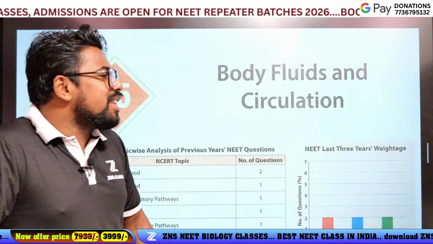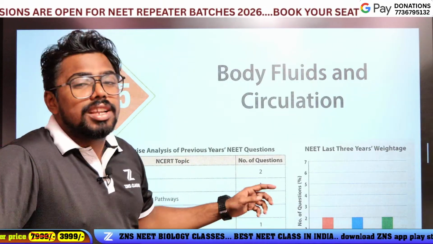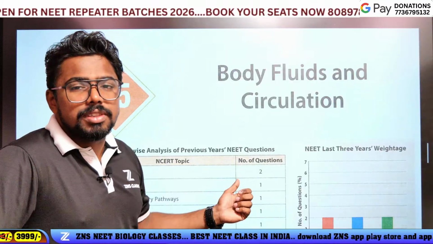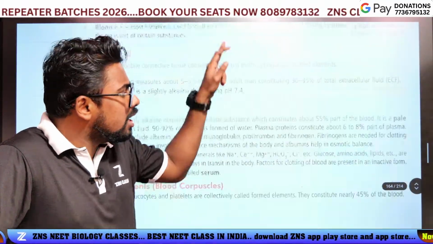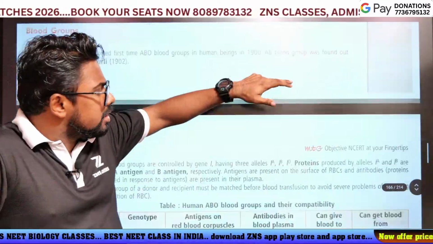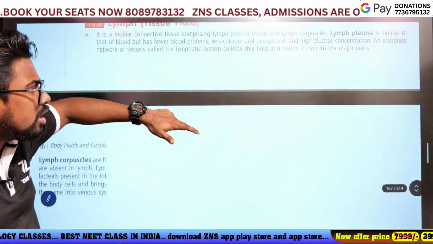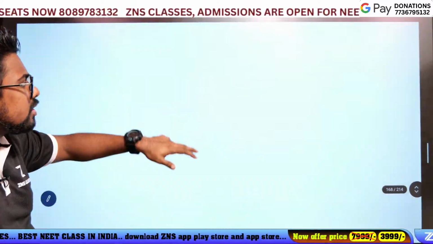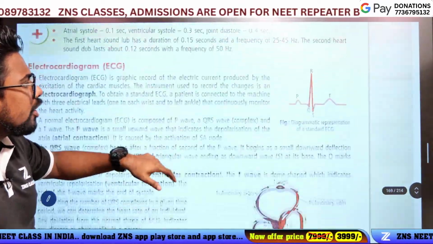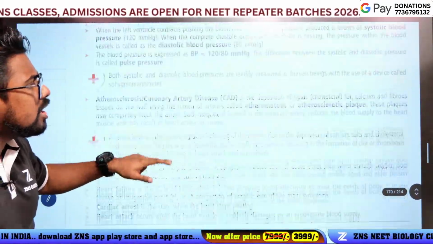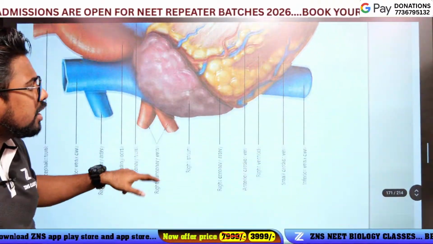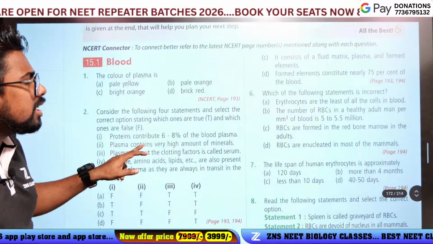Okay, guys, today we are going to discuss 100 NEET questions. Actually, this is NCERT Fingertips material, and I think the Fingertips contains 125 questions on body fluid and circulation. NCERT Fingertips is first level, basic level questions.